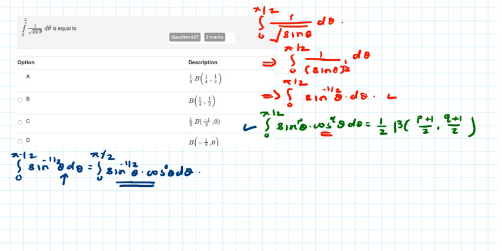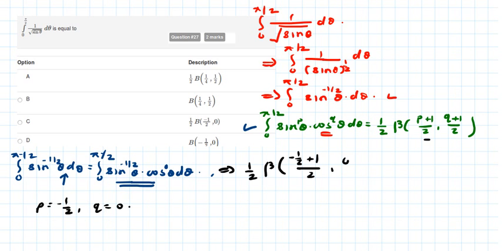Now here the value for p is minus 1 by 2 and value for q is 0. So this will be equal to 1 by 2 beta of p plus 1 upon 2, but p is minus 1 by 2, so this will be minus 1 by 2 plus 1 upon 2, comma q plus 1 upon 2, value for q is 0, plus 1 upon 2.